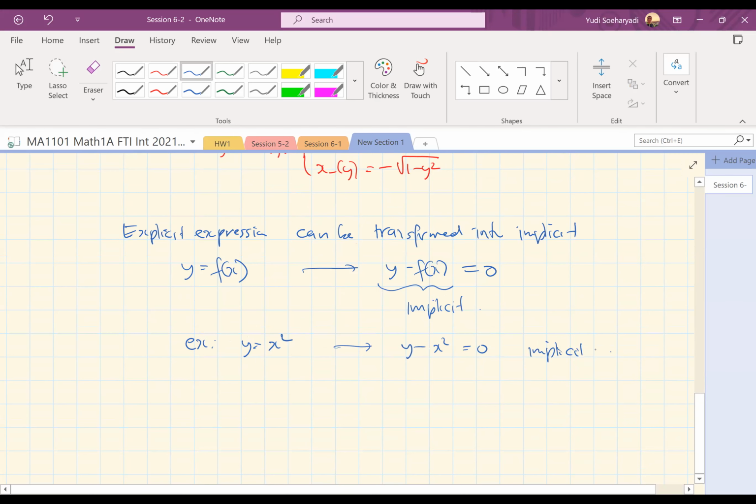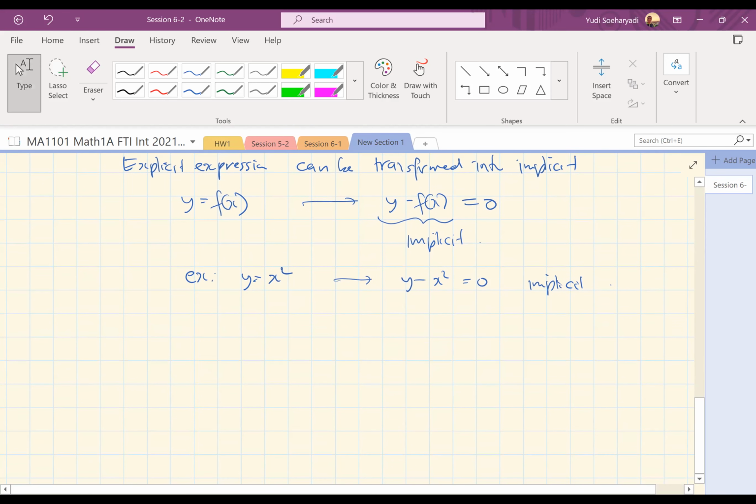On the other hand, if you try to change implicit to explicit, sometimes it's easy, sometimes doable.